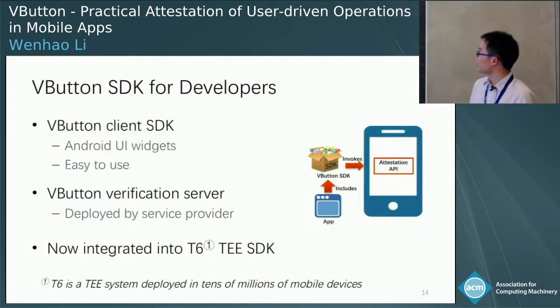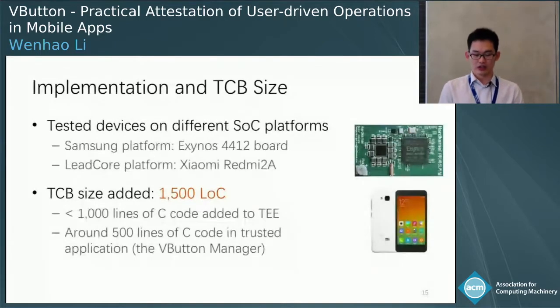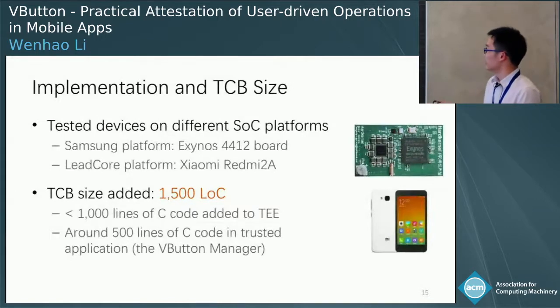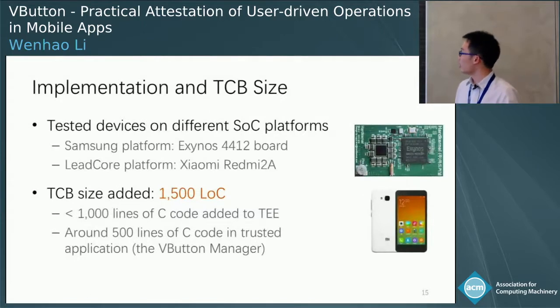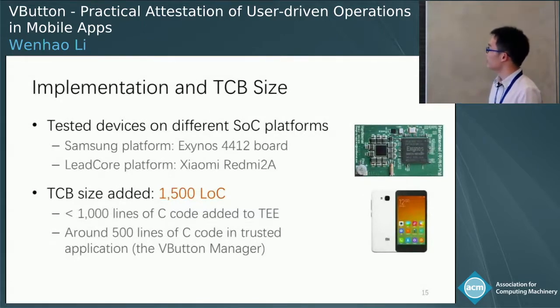So from the VButton application developer's perspective, we have designed a modularized SDK for application developers consisting of a client SDK and a verification server. And now this SDK has been integrated into a widely deployed TEE called T6. We have implemented VButton on different platforms, including the development board called Samsung Exynos, and also an off-the-shelf smartphone called Xiaomi Redmi.